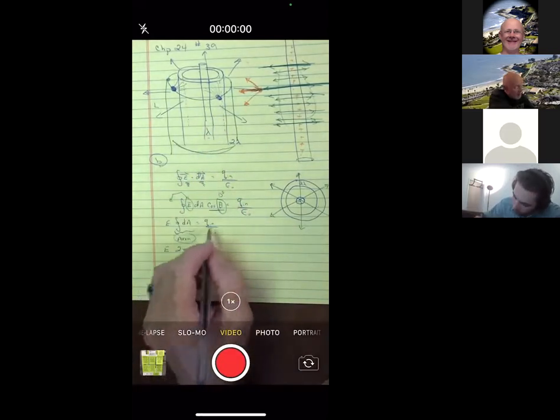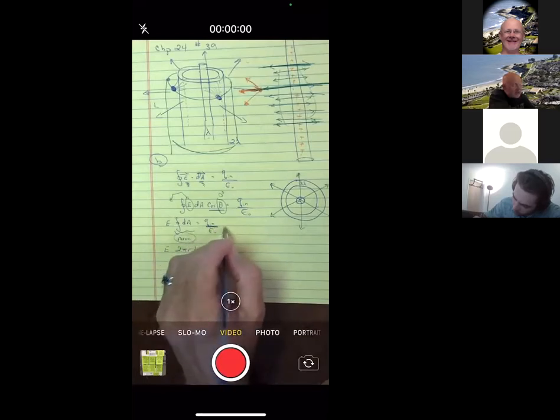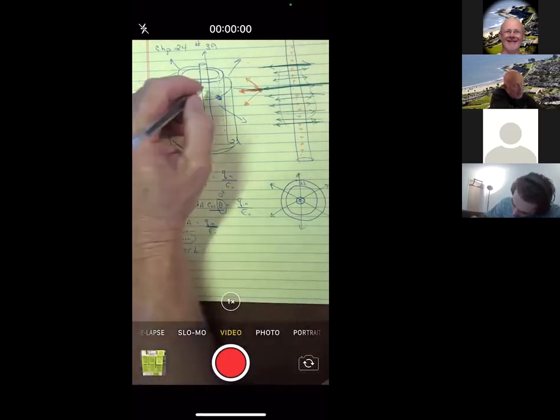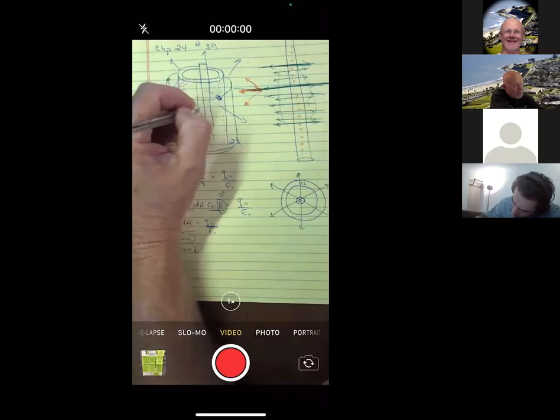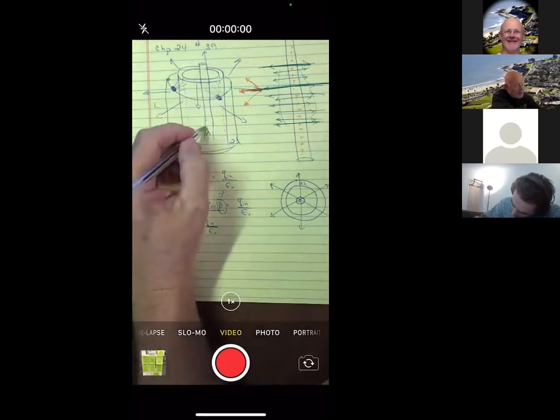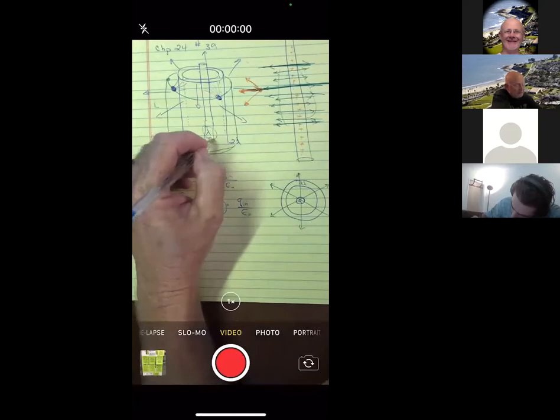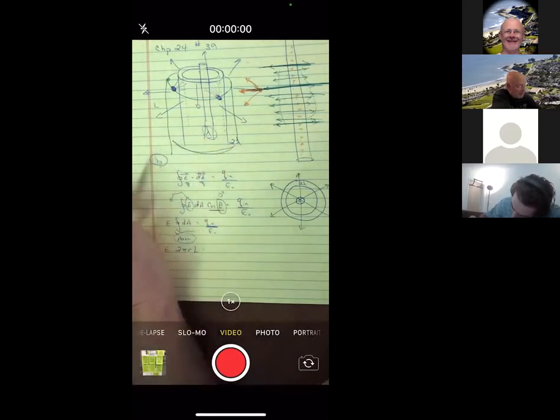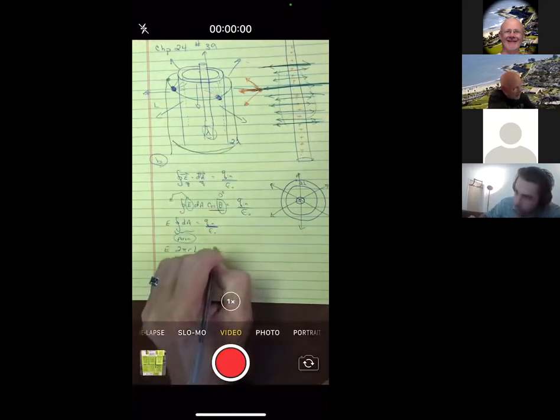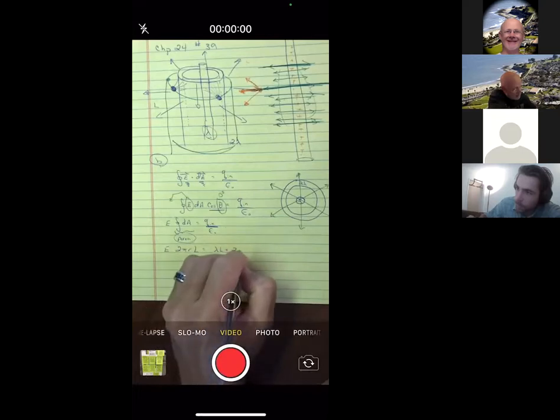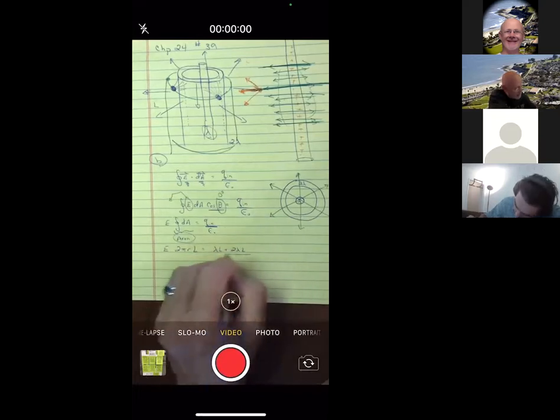So when they say, what is the charge inside? If I did 1 meter of length, I would have lambda times 1 meter plus 2 lambda times 1 meter. So it would look like this: lambda times length plus 2 lambda times length.